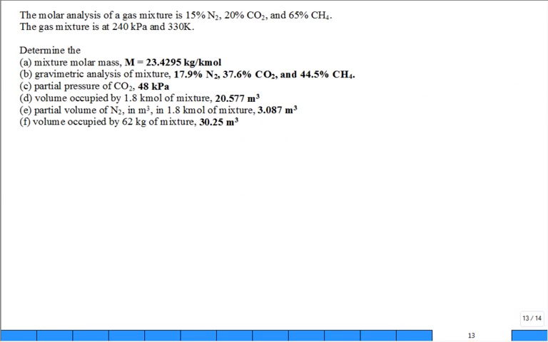Press on. Volume occupied if you had 62 kilograms of the mixture. How would you calculate that volume? Ideal gas equation? Yep. So you have PV is equal to m R T, where R is R bar divided by the molar mass.